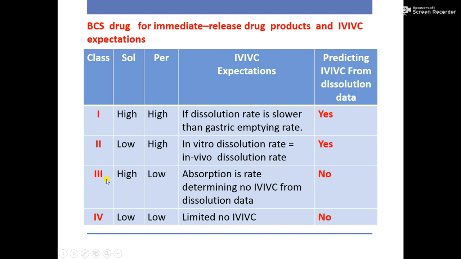Class 3 drugs, according to the biopharmaceutics classification, have high solubility and low permeability. It means that absorption is rate determining, with no IVIVC from the dissolution data. In class 3, the drugs have high solubility and low permeability, so the absorption rate is determining, with no IVIVC from the dissolution data.